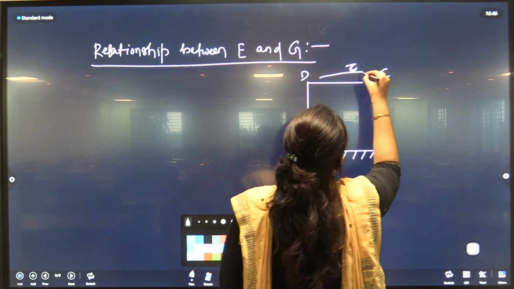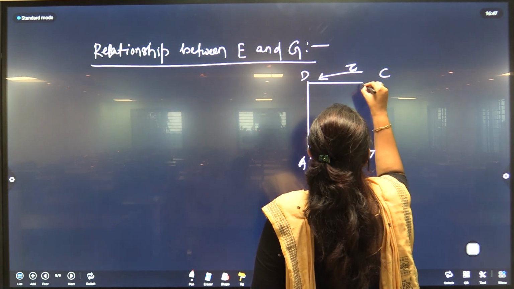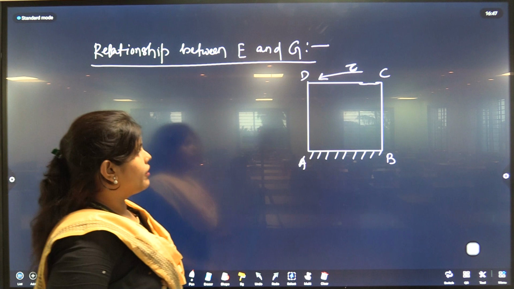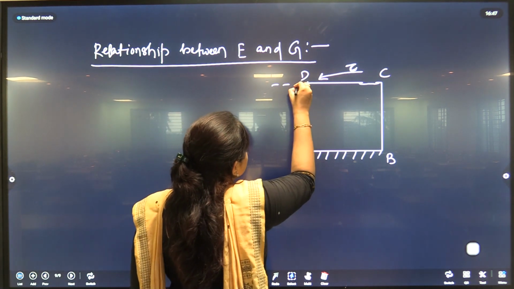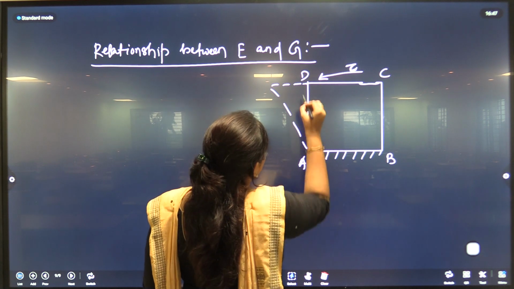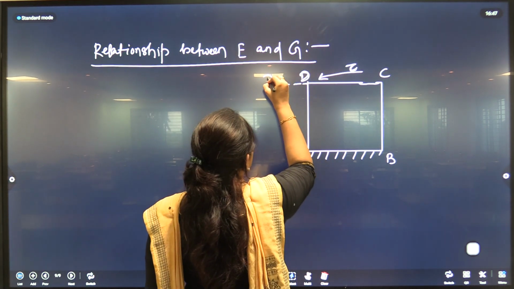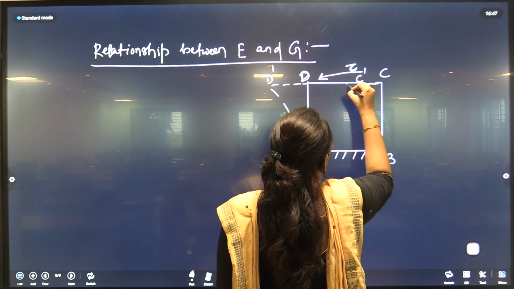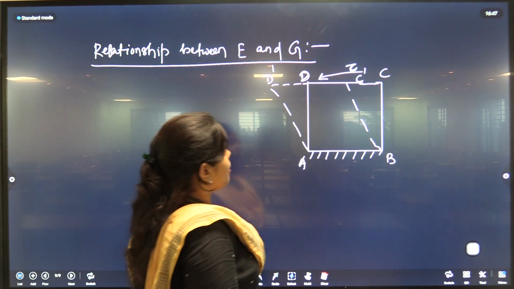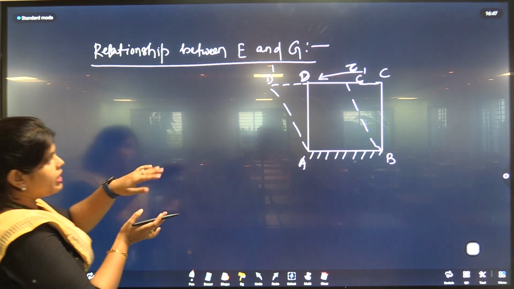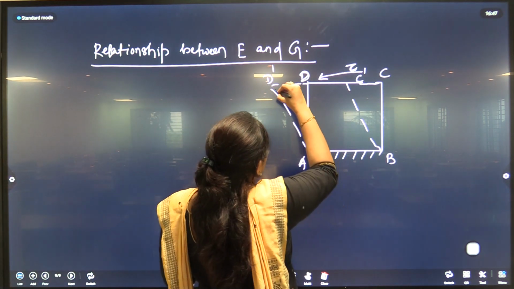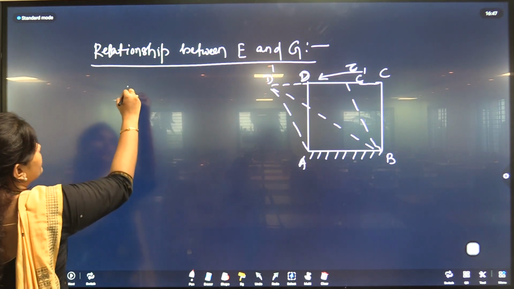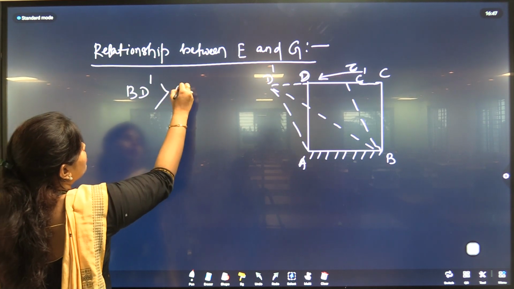So, when tau is applied here, this will slide down. This D will change to D1 and C will change to C1. After applying the shear force, the structure will change. Here we can see this diagonal BD dash will become greater than BD.